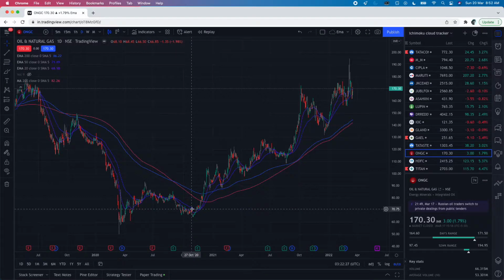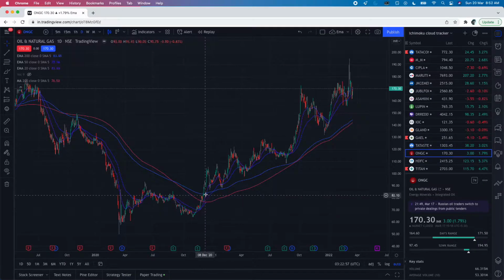You can see this 50 and 20 exponential moving average crossed over the 200 moving average at this point of time. Okay, so by the way, this will apply to all kinds of stocks. I just randomly opened some Indian company, but it will apply to every kind of stock, even Bitcoin and all, although they are more volatile and unpredictable, but ultimately over the long term it will apply.